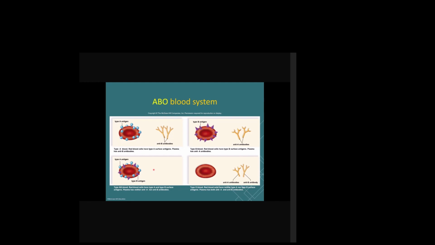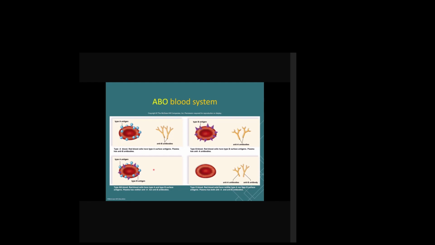These do not have anything to do with the function of red blood cells per se, meaning having A antigens or B antigens or AB antigens on your red blood cell does not affect the oxygen carrying capacity of the red blood cell.